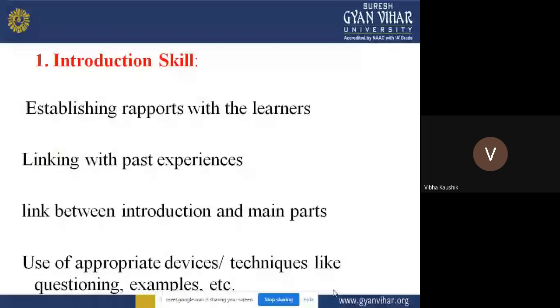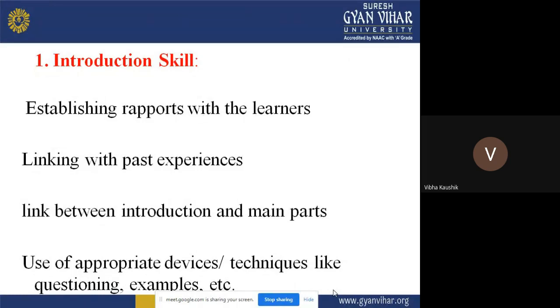The first one is introduction skill, establishing rapport with the learner. As you went into the class, the first thing is that you have to establish rapport with the learner, linking the past experiences, and you have to link the new knowledge with their previous knowledge.